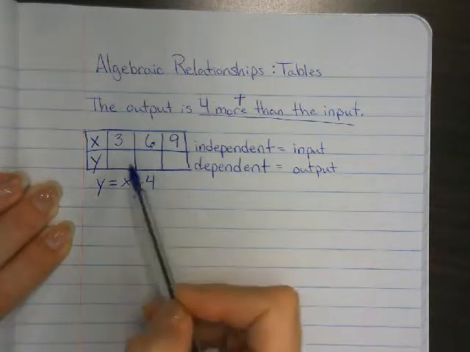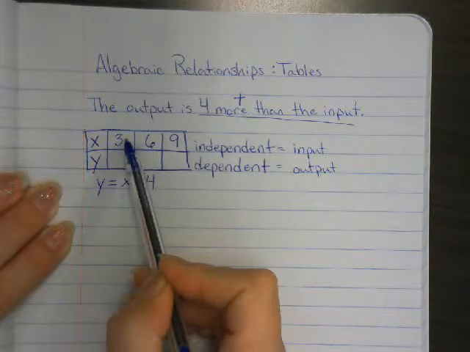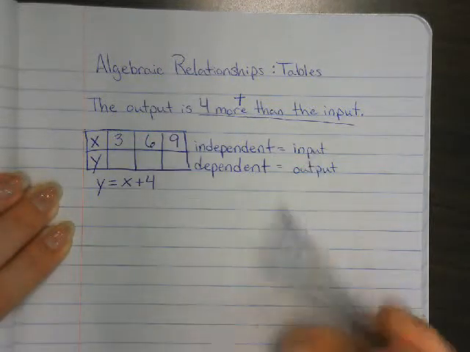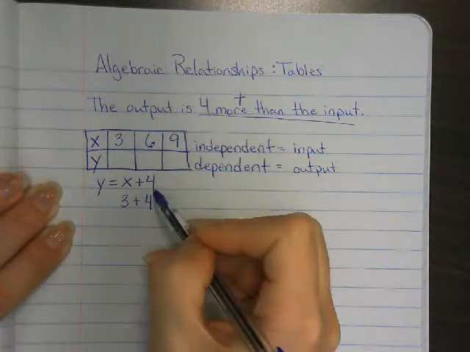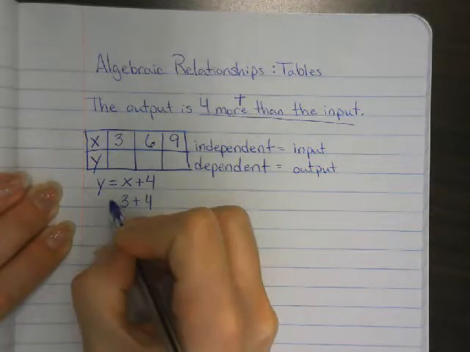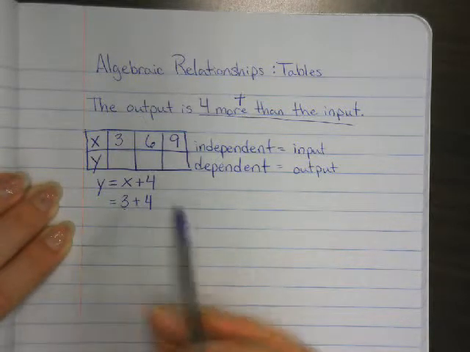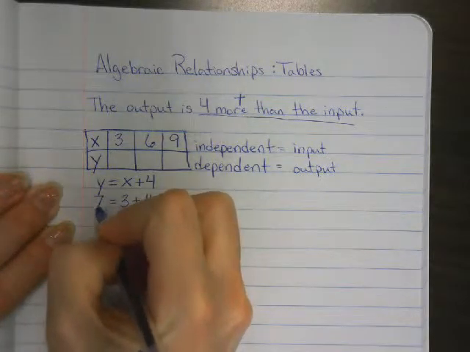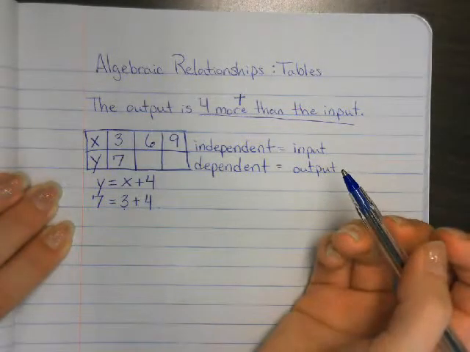So for example, to find my matching y value, I would plug in 3 for x, add 4. This would then give me my y value. So 3 plus 4 is 7.